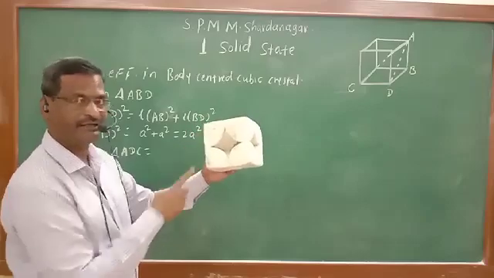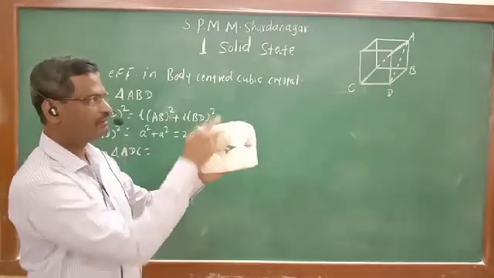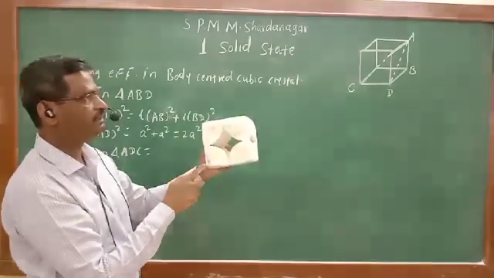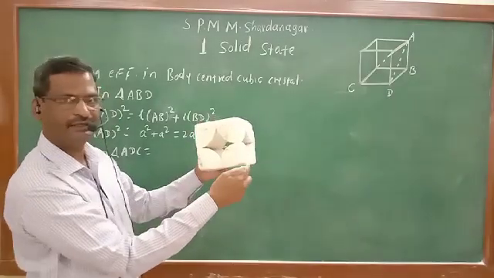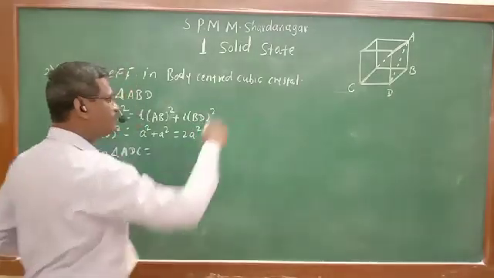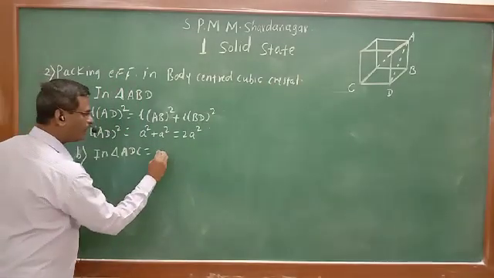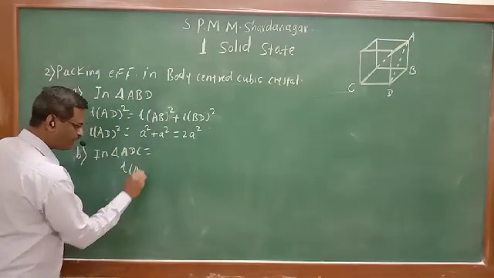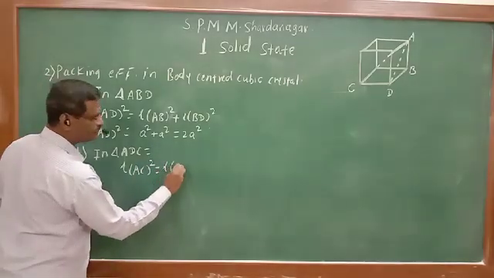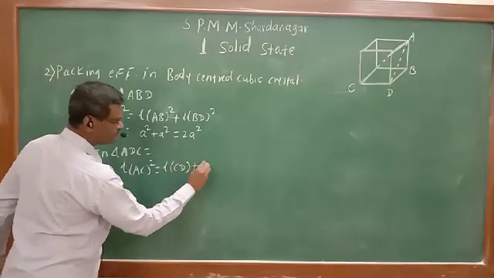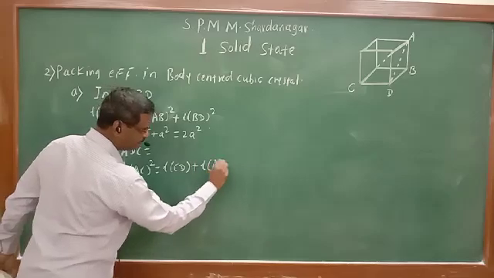AC direct, and this is C, and this will be D. So such that here length AC square will be equal to length CD square plus length AD square.